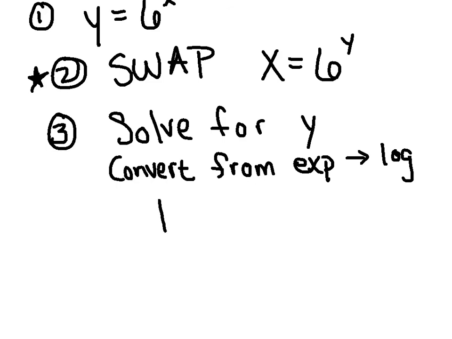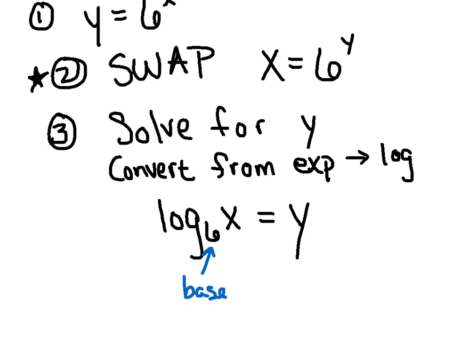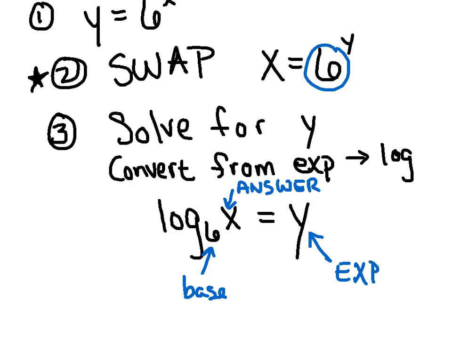So we could say that the log base 6 of x is equal to the exponent, which in this case is y. So just a quick recap there. The 6 is your base, just like 6 was my base back here. The x is what used to be your answer, and the y is what used to be your exponent, and that's how you convert from exponential into logarithmic.